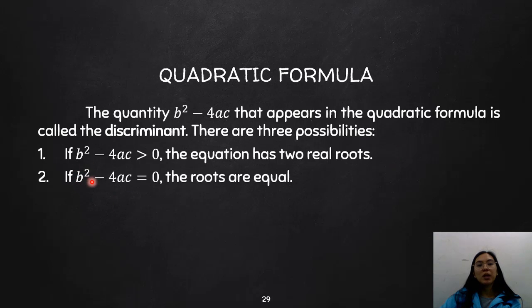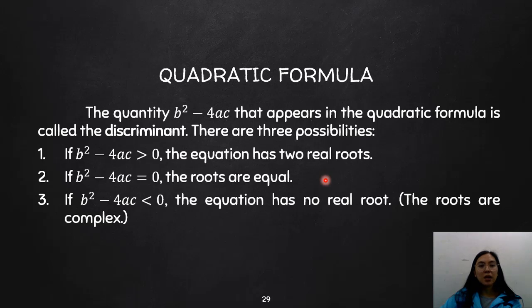And if b squared minus 4ac is equal to 0, then it means that the roots are of equal values. And if b squared minus 4ac is less than 0, meaning you have a negative discriminant, the equation has no real roots. Ibig sabihin, you are dealing with complex numbers.